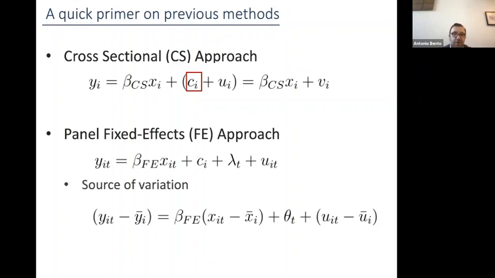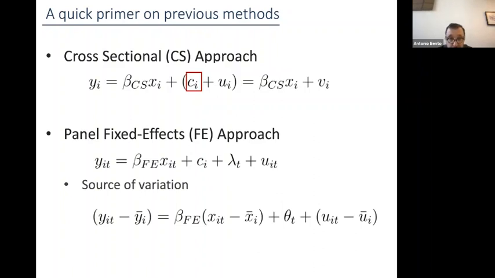And you can see in contrast, when you move towards the panel fixed effects, you are now looking at deviations from these averages of xi, and so what you're really identifying in the fixed effects is across these unexpected variations of xi.